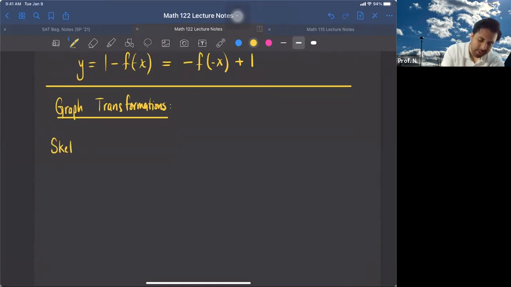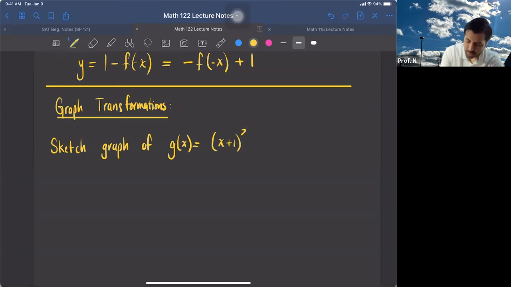Sketch the graph of g of x. It's going to be x plus 1 squared plus, oh, pardon me, minus 1 plus 3. So we have this function g of x equals (x minus 1) squared plus 3.